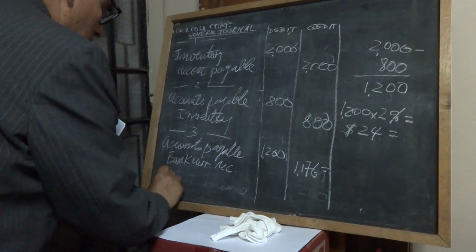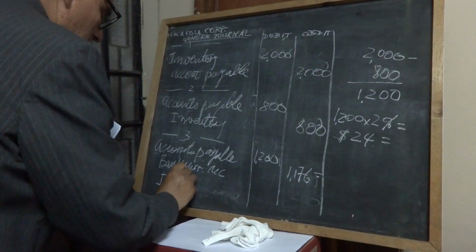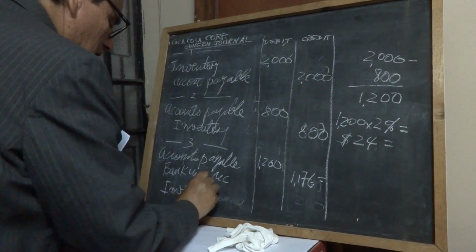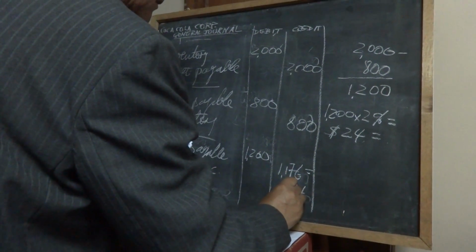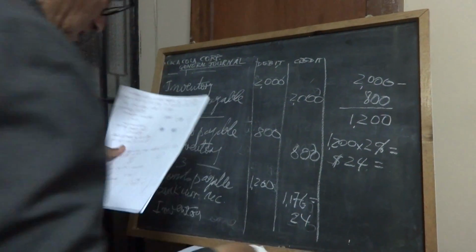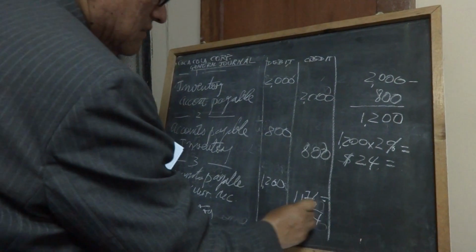Also inventory for $24 on column credit for the discount, the 2%.